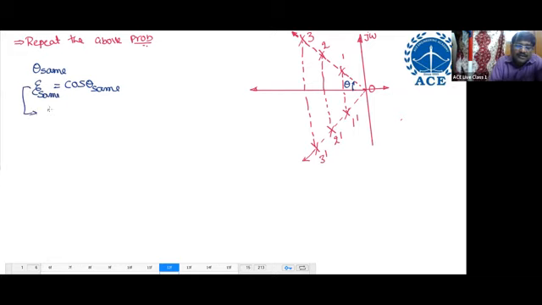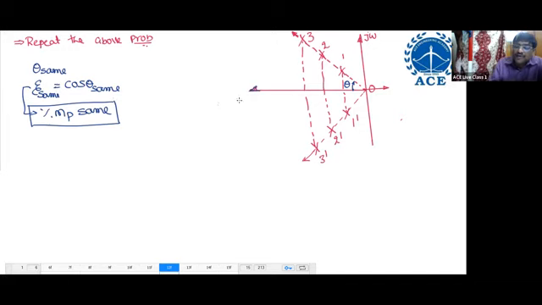Zeta same means percentage of MP same. All of these, 1 to 3, have the same peak overshoot, the same peak overshoot.